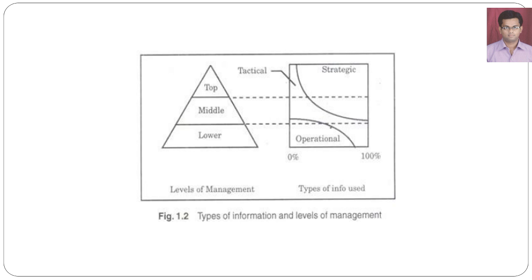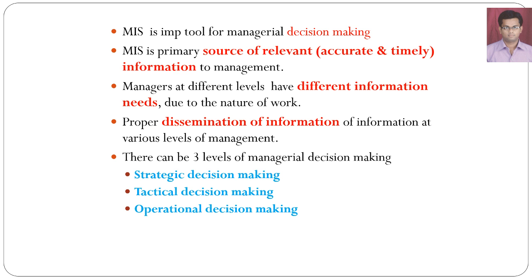The curve that encompasses the middle and the top part of the rectangle explains the importance of tactical information to the top level managers as well. Although strategic information covers most of the area in the upper rectangle. So with this we can have a proper understanding of the relationship between levels of management and the types of information used.